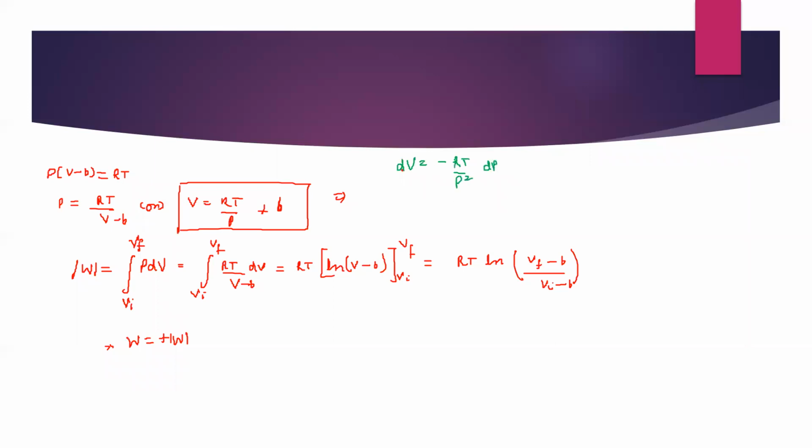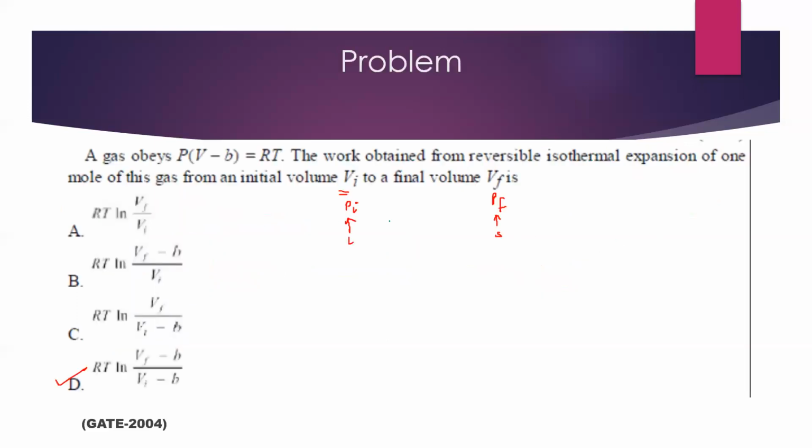So the integral of P dV can also be written as the integral of minus RT by P square into P dP. So this is basically minus the integral of RT by P dP. Now, since here we integrate from smaller volume to larger volume, we are going to integrate from larger pressure, that is Pi to Pf.